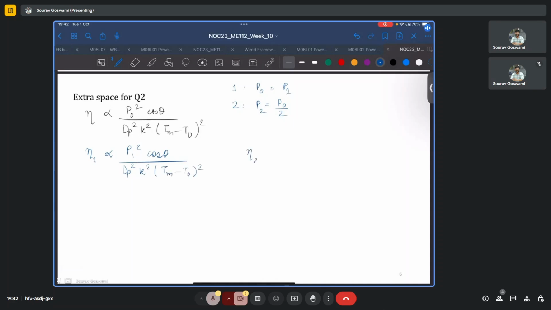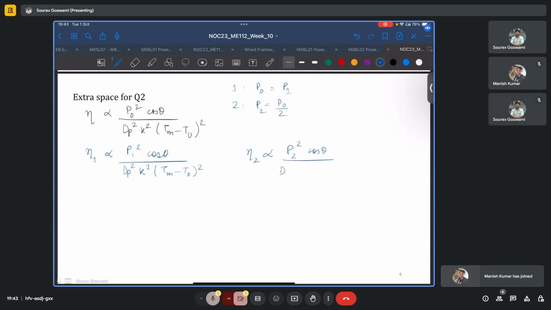And eta 2 is proportional to P2 square cos theta by dp square k square (Tm minus T naught) whole square.